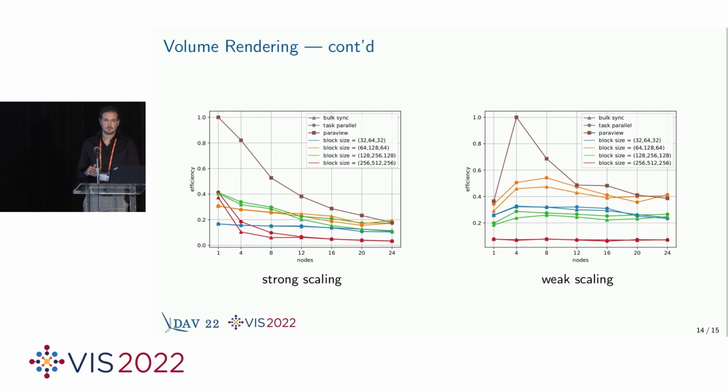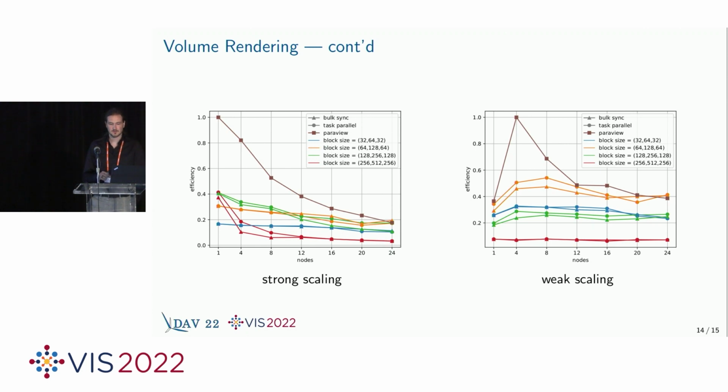And of course, without barriers, the task scheduler can also profit from the next steps in the pipeline, in contrast to the bulk synchronous approach. So we see a little bit better behavior here.